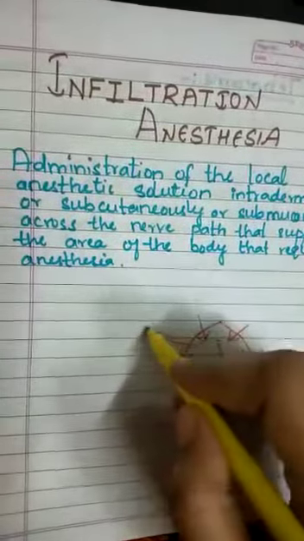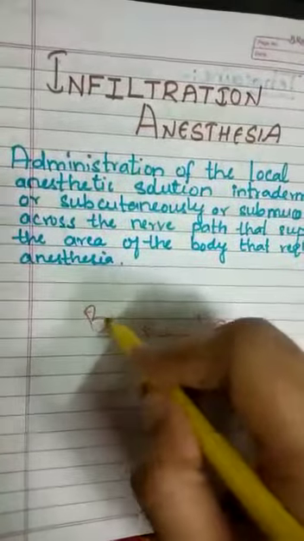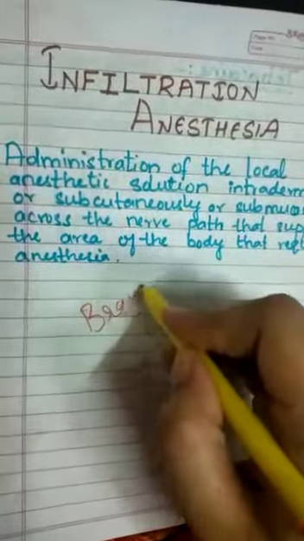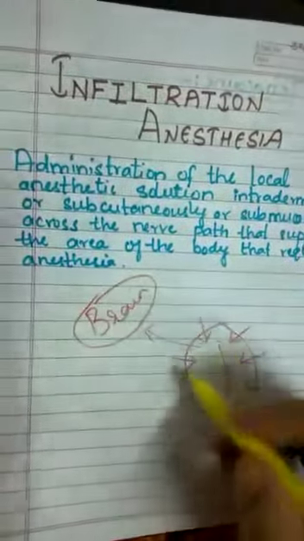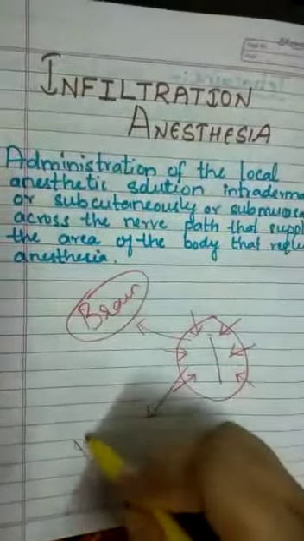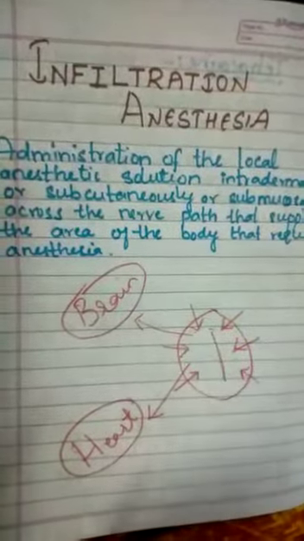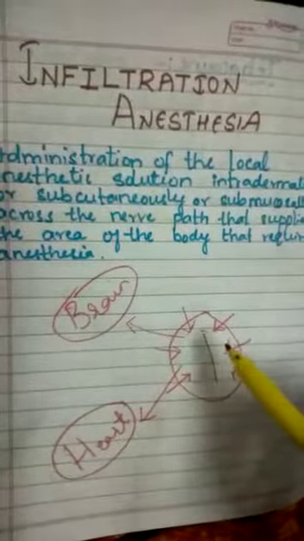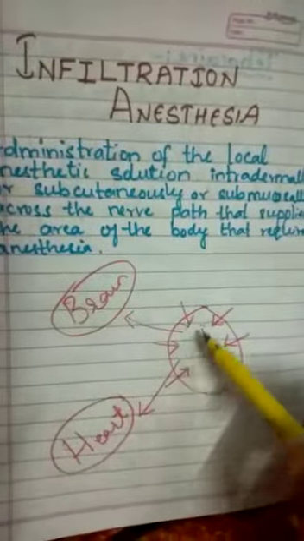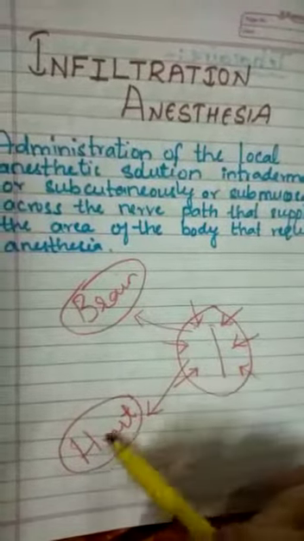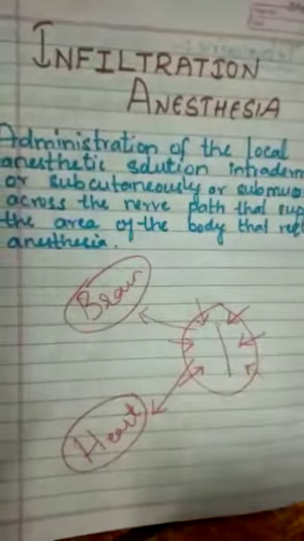Now suppose it moves to your brain and to your heart. Okay, so what is happening over here, we have given the local anesthetic agent over this area, which is the area of target of action, but because of vasodilation these local anesthetics have moved from the target area into the systemic circulation.